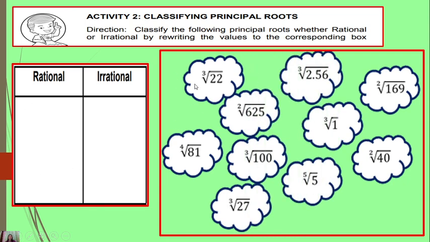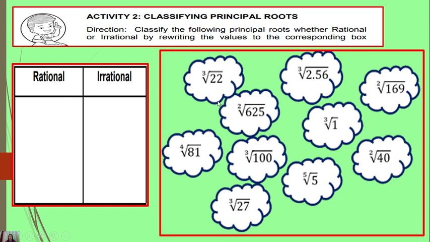Okay, let's say, cube root of 22. Let's say, ang sagot dyan ay irrational. Isusulat mo dito yung cube root of 22. Halimbawa lang, hindi ko sinabing yan ang tamang sagot. Okay? Another one, fourth root of 81. Halimbawa siya ay rational, dito mo isusulat yung fourth root of 81.